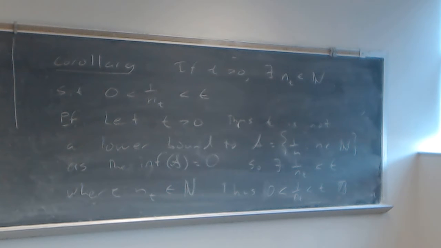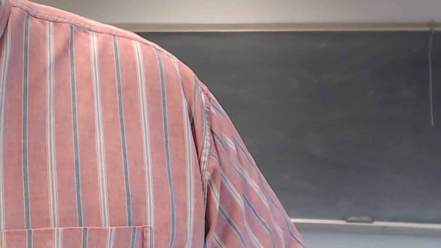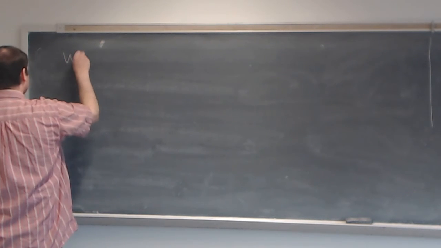I want to do one more corollary, but before I get to that corollary, there's a fact that I'm just going to state. It's called the well-ordering property for the set of natural numbers. Let me get it word for word on the board from our text. So this is a big fact.